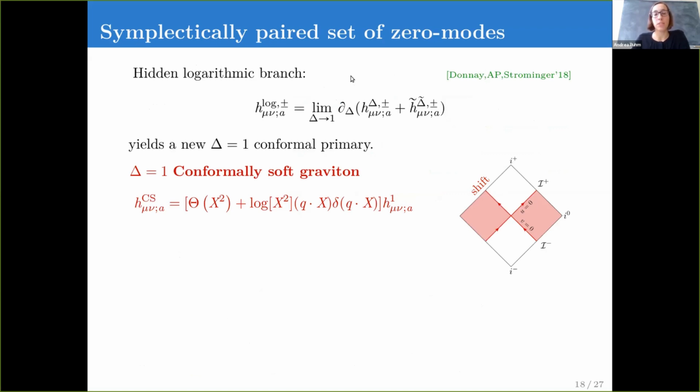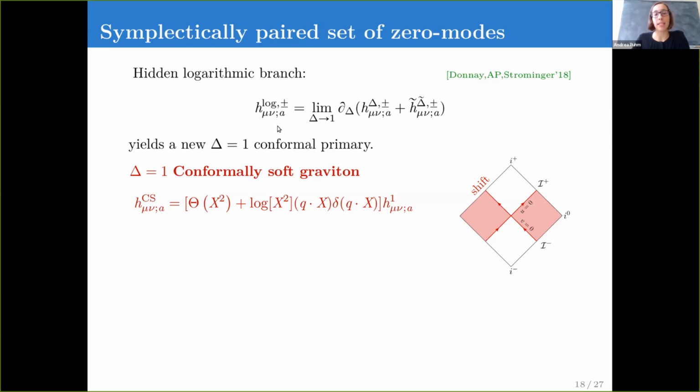So this is obtained by taking a combination of primaries with dimension delta and their shadows, taking a derivative with respect to the conformal dimension, and then taking the conformal dimension to 1. So this is a quantity that remains finite in the conformally soft limit, and it does not correspond to a total derivative. So this comes with in and outgoing modes.